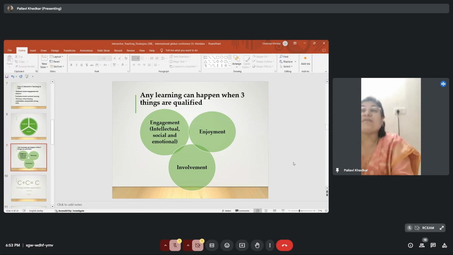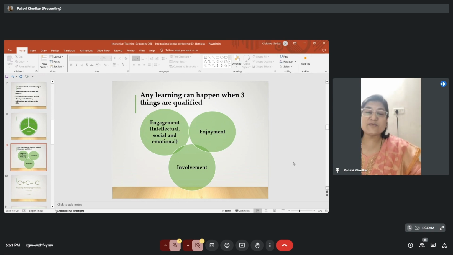Therefore, any learning can happen when three things are qualified. One is engagement, the intellectual, social, and emotional engagement of the students as well as the teachers, which is very important. Second is enjoyment. Why do I call it enjoyment? Because unless students enjoy, they won't learn.